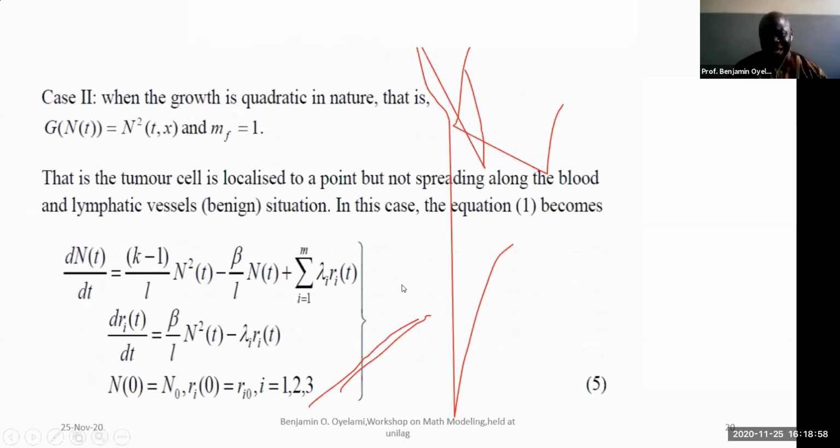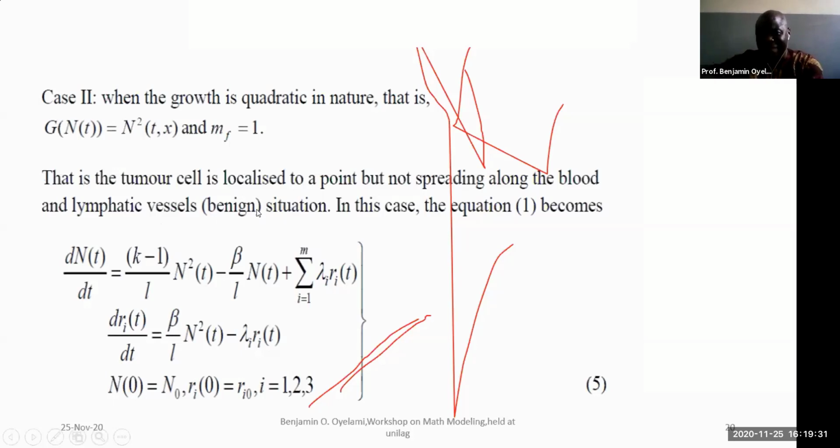As I told you earlier, for example, a tumor that is localized, like a lump in the breast of a girl, or a tumor in the pancreas that is just coming up, so localized. But sometimes, after some time, the tumor can spread along the blood vessels and the lymphatic cells. So this case, we call it a benign situation, or what we call a malignant situation.